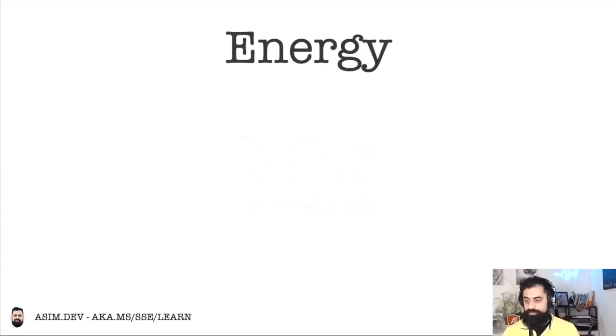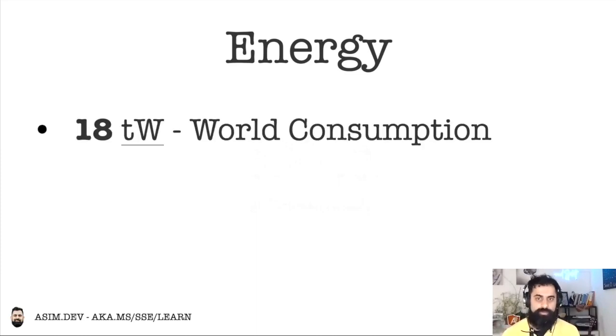Because I talk quite negatively about electricity, I'd like to take a second to explain: electricity is a big part of the problem, but it's also a huge part of the solution. Global world consumption of energy, all types of energy, not just electricity, is 18 terawatts.